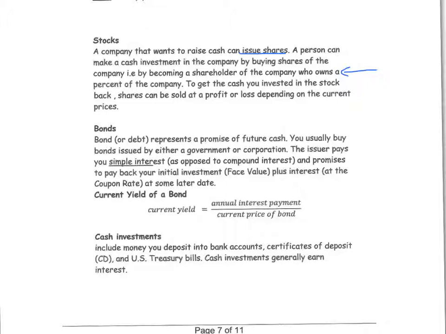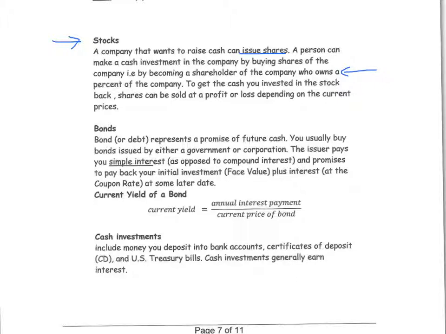Usually you buy the stocks, keep them, and maybe sell them on a day that the stock price is higher, so that way you make a profit. But sometimes when we need the money, we might even have to sell at a loss, just to get the money back so we can use it for something that we need. So that is how stocks work: buying a piece of the company and becoming a shareholder.